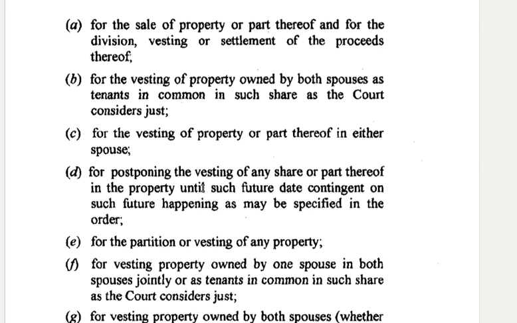So it could be here that the person who is given vested interest in the property is not yet given that interest until some future date, postponing the vesting of any share or part thereof in the property.